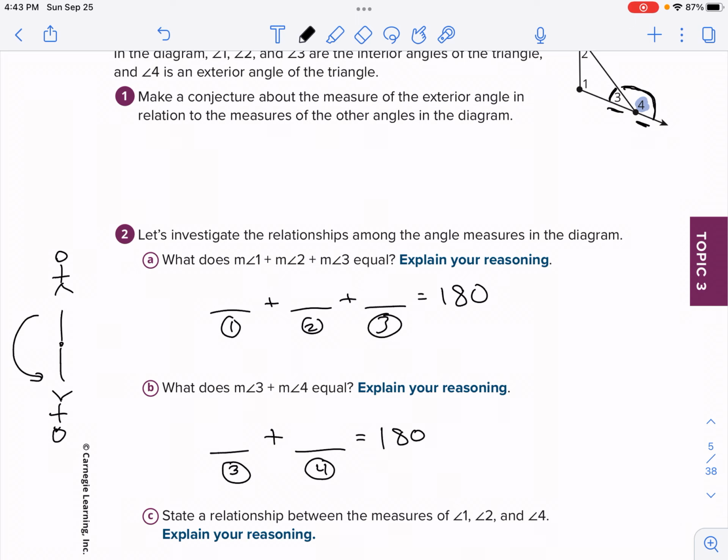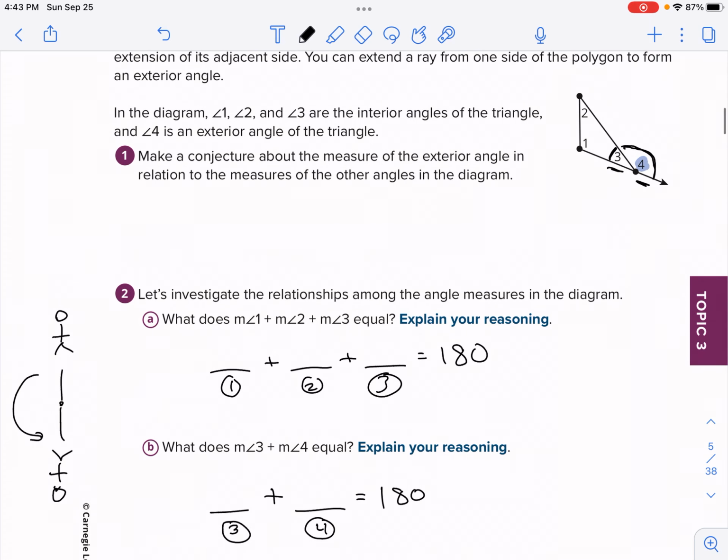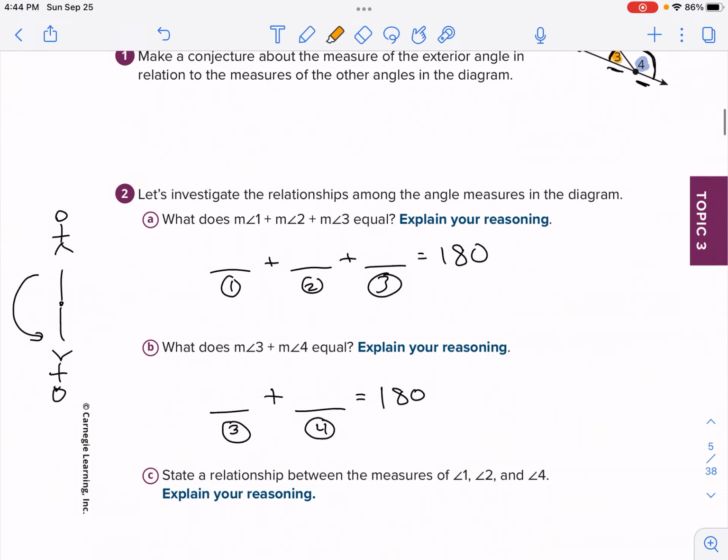All right. Now, what these both share, they have something in common. The thing that they both have in common is angle 3. Okay, so what can we say? If 1 plus 2 plus 3 is 180, and 3 plus 4 is also 180, we can make an assumption or prediction of what we can say for the other ones.